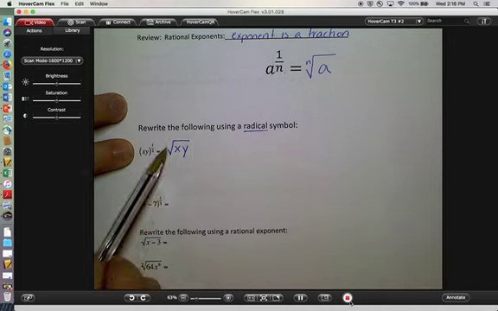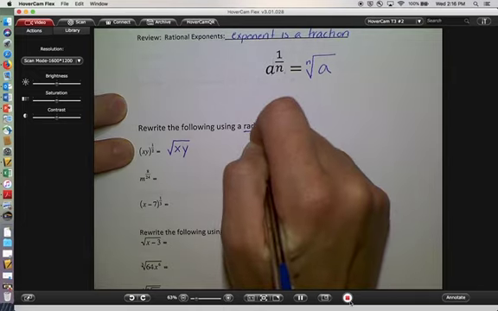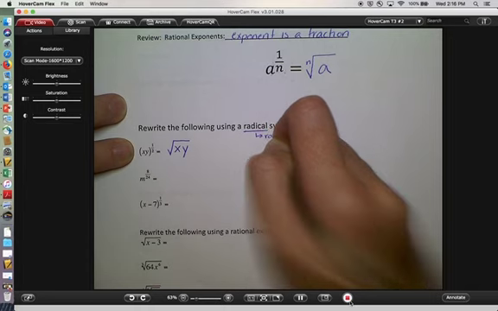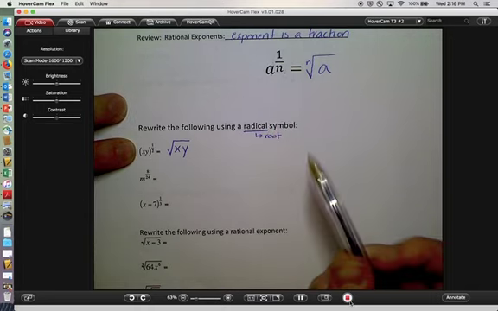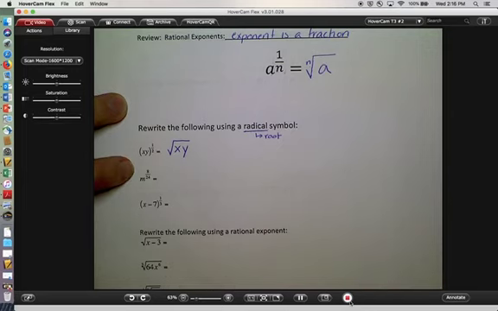Now with square roots, you don't have to put a 2 in that little nook part. It's implied to be a 2 if you don't see it there. Square roots are pretty popular in terms of the types of roots that we see. Okay. By the way, radical just means use a root. So pause the video, go ahead, try the next two, and then play the video to see how you did.